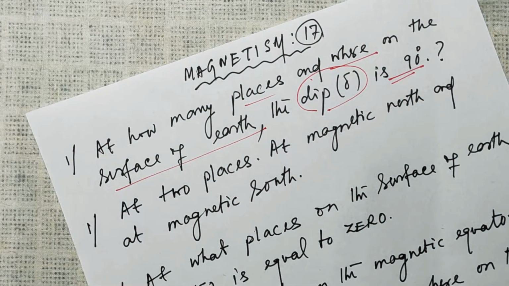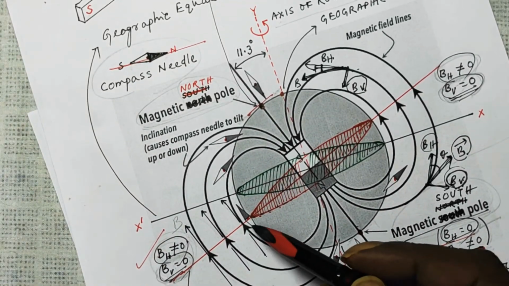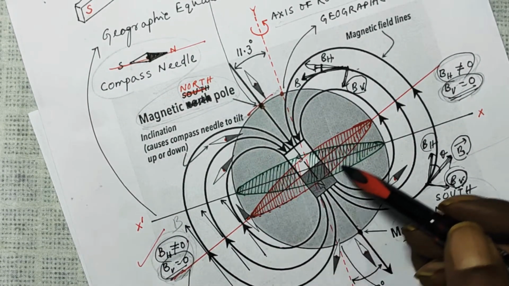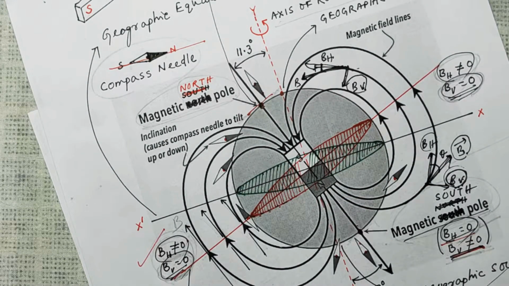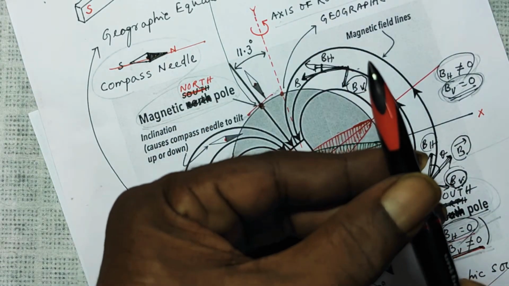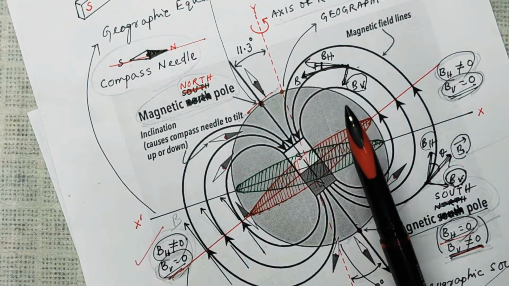I have explained the dip in the previous lesson. If a magnetic needle or a bar magnet is suspended freely, then on the surface of the earth, depending on where you are, whether on the magnetic equator or somewhere else, the north pole of the needle will dip down, or the south pole of the needle will dip down from the horizontal position.